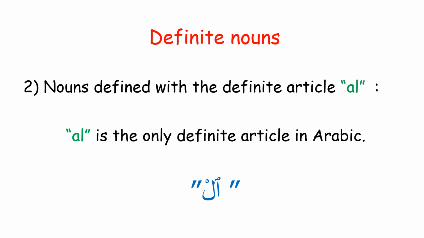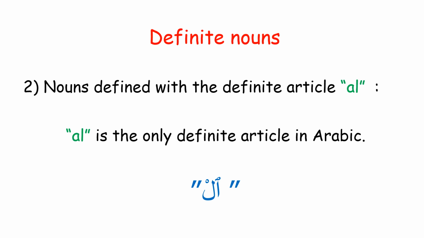So, the definite article ال. From an English speaker perspective, an article is a word used with a noun to indicate whether the noun is specific or general. And when it comes to definiteness, the article the is the only article in English for both singular and plural nouns. And the same goes for al in the Arabic language.